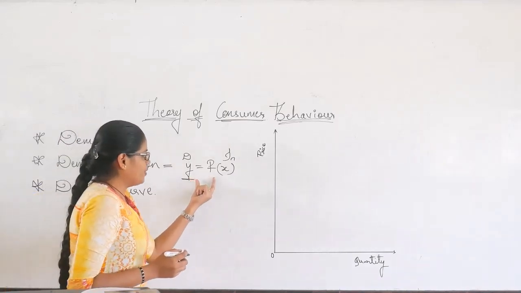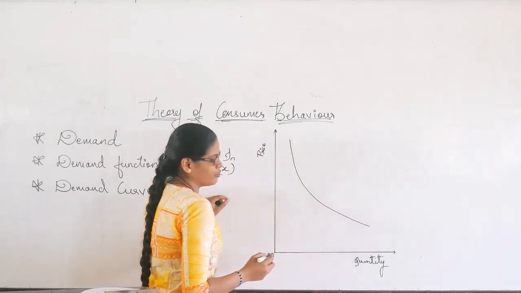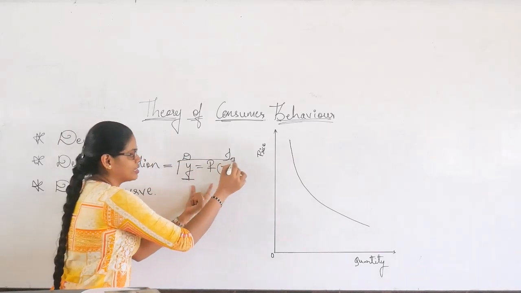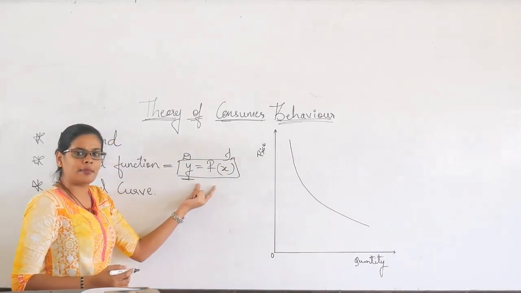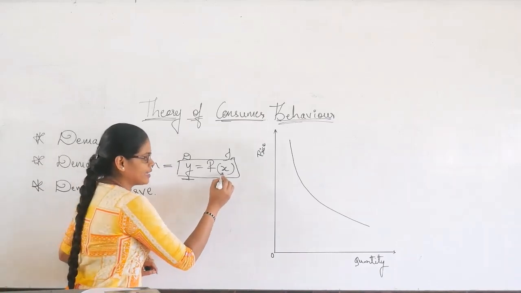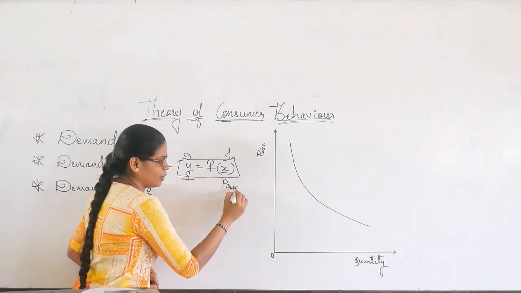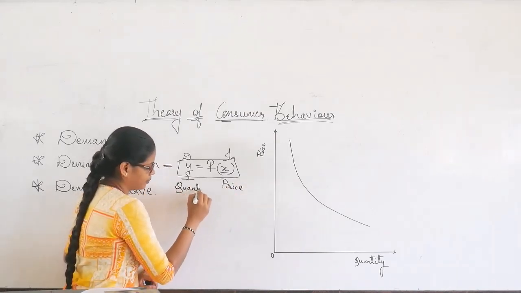On this basis we draw a curve which will be like this. This function is called the demand function because x is expressed for price and y is expressed for quantities.